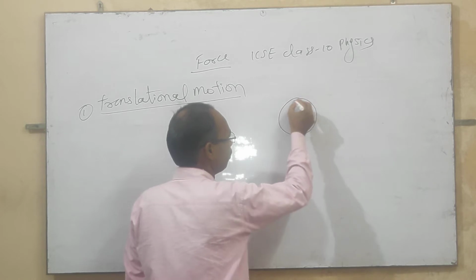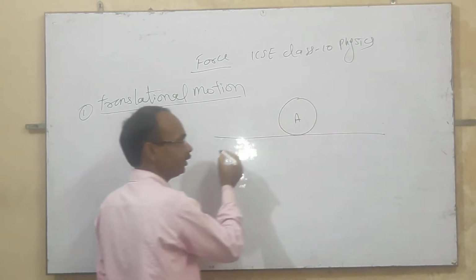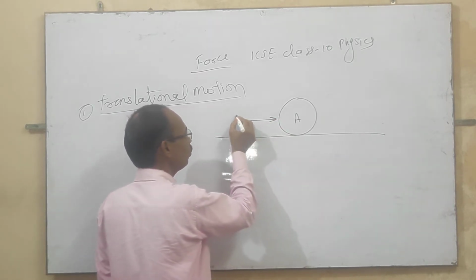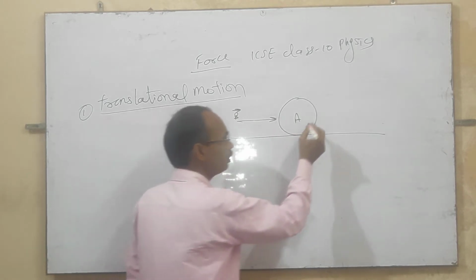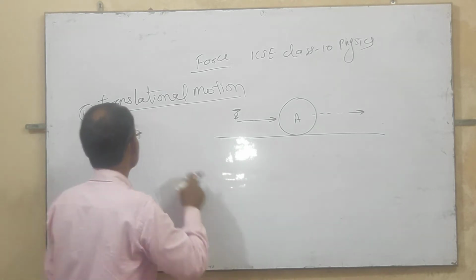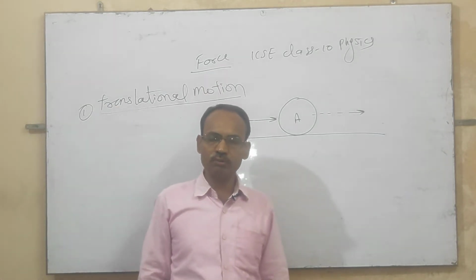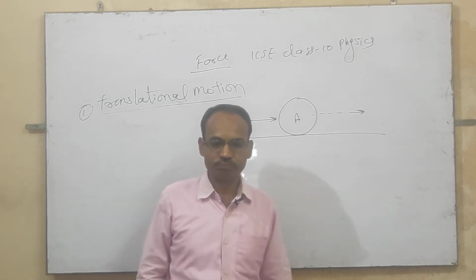Suppose this is a body A, and if you apply a force B at this point, then the body travels in this straight line. This is known as translational motion. In translational motion, the body should travel in a straight line.